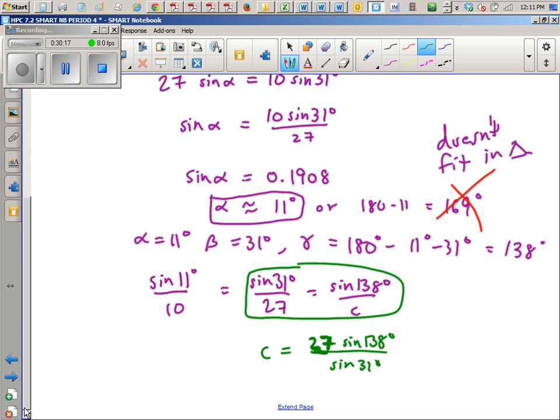That's a 27, not a 2.7. Okay, so what is c? What does c turn out to be there? Let's see, 27 sine 138, all divided by sine 31. I'm getting 35.08.